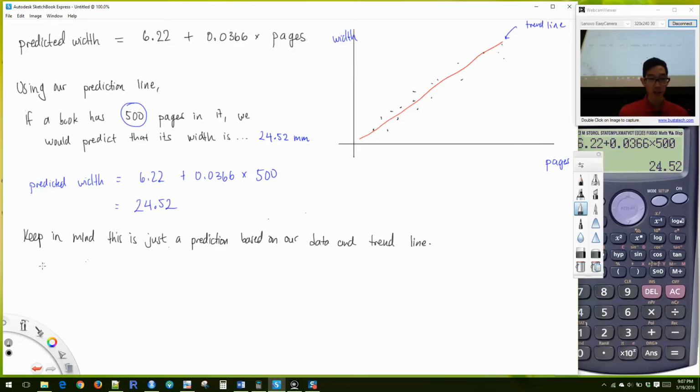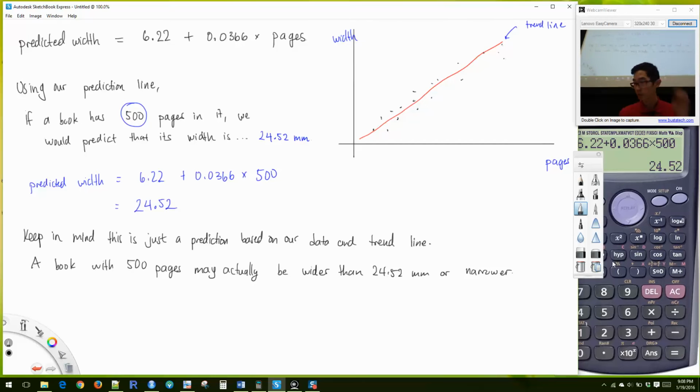A book with 500 pages may actually be wider than 24.52 millimeters, or less wide, narrower. Okay, so this is just a prediction.